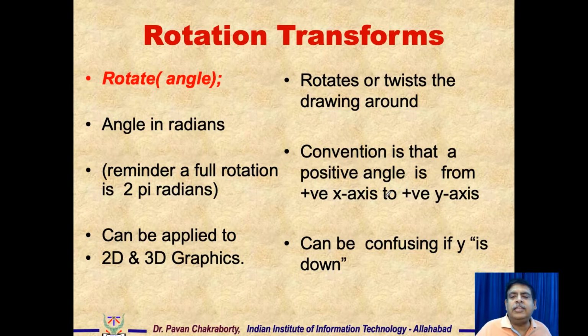The convention is that a positive angle is from the positive x-axis to the positive y-axis. So effectively you can imagine it to be a right-hand rule or an anti-clockwise direction from the x-axis moving towards the positive y-axis.